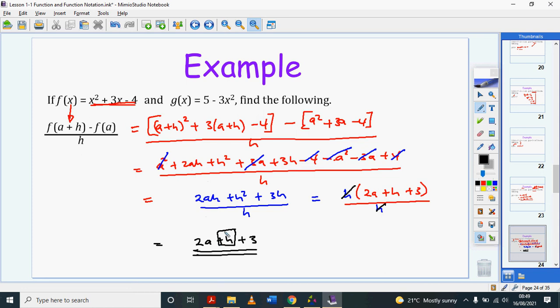If I find it, I'll communicate on the chat, on the comments. If I don't, then you guys will find it because I trust you that much. h squared, 2h, h squared, that is good. 3a, 3h, that's good. Minus 4. Minus a squared, minus 3a, minus 4. a squared comes out.